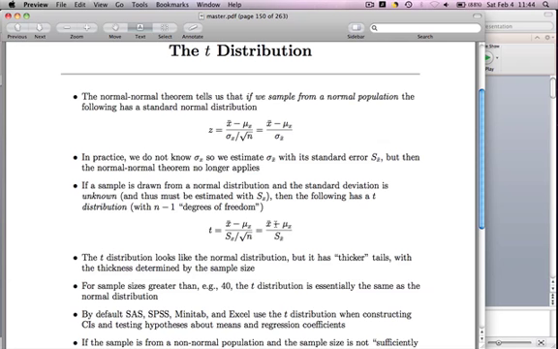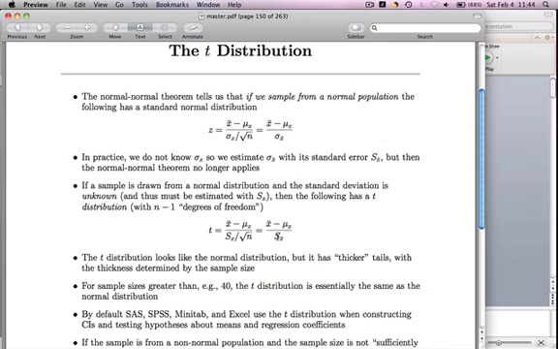Okay, so the degrees of freedom are going to be a function of the sample size. So it's always the sample size minus 1 degrees of freedom when we're finding confidence intervals and doing hypothesis tests. So as the sample size gets bigger, the amount of uncertainty introduced by having this additional random variable in the mix goes away, or becomes smaller at least, and that's why the tails of the t-distribution get smaller.